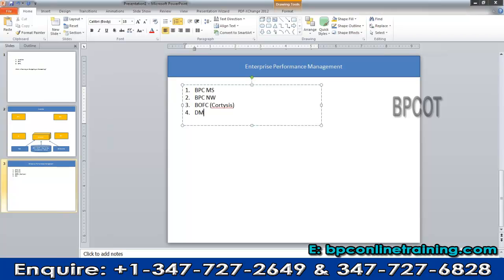Then you have DM Disclosure Management, then Financial Information Management, some intercompany matching, like this. You have so many tools under EPM. Basically EPM has all the products related to planning, budgeting, forecasting and legal consolidation and management consolidation.